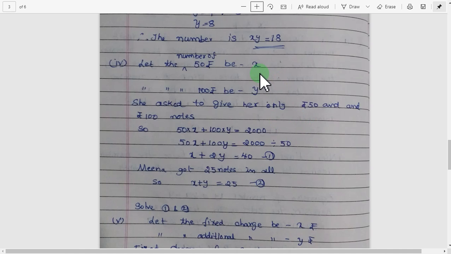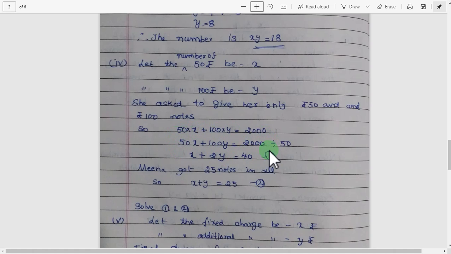Same way here, we don't know the exact number of 50 rupees notes, but we have taken that as X. So 50 into the number of 50 rupees notes plus 100 into the number of 100 rupees notes, all together you will get 2000 rupees. So 50 into X is 50X plus 100Y is equal to 2000.